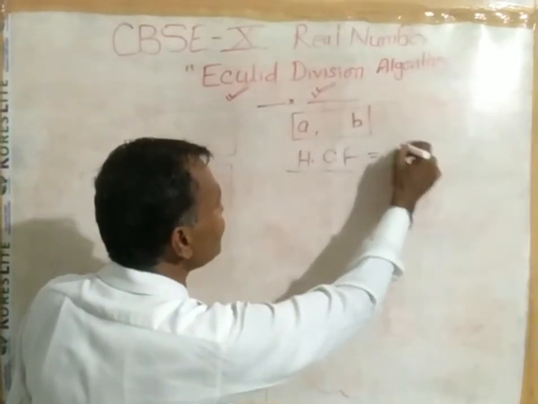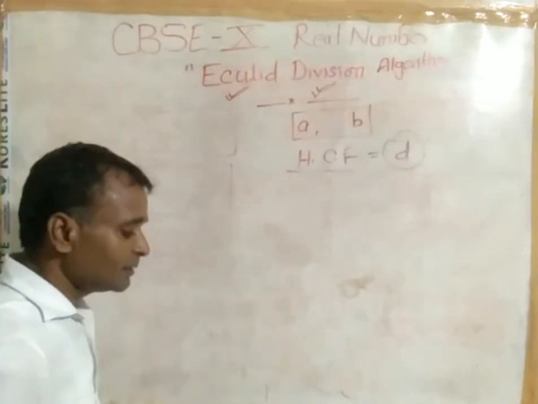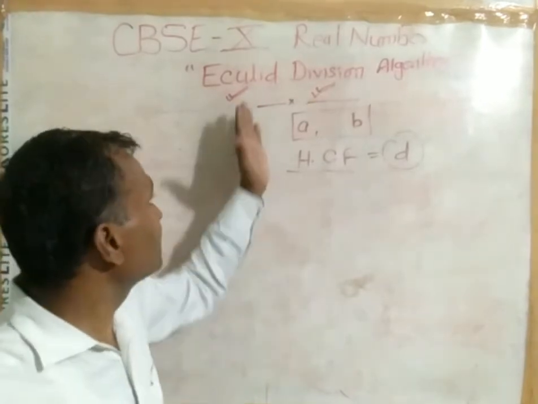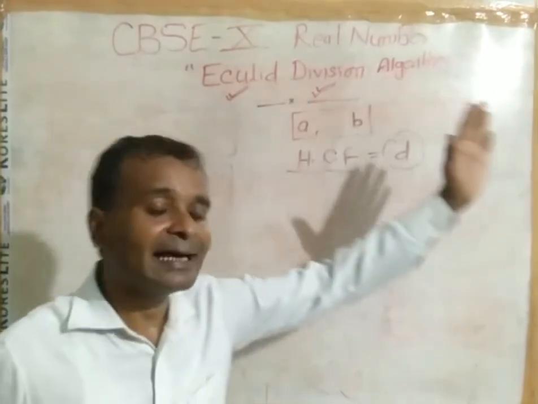We take the HCF as D. So how can we compute HCF by using Euclid division algorithm?